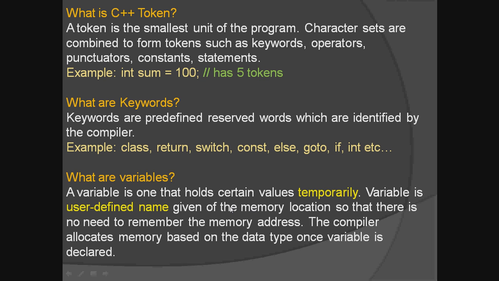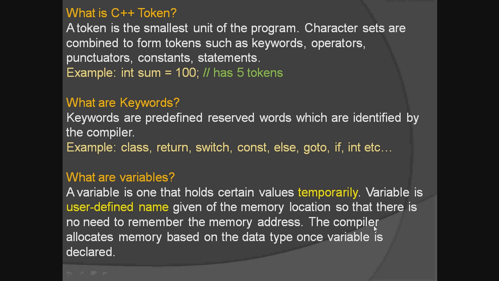A variable is actually a name for the memory location where the data is stored. Since we humans cannot remember the memory address, using the variable name we can locate where the data is stored in the memory.